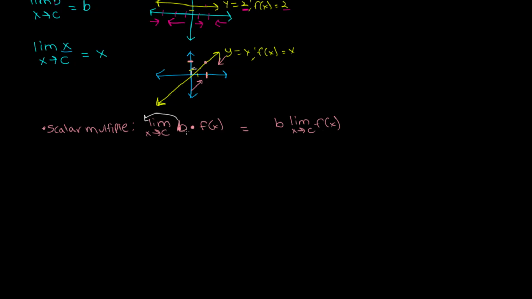So we're basically just taking the constant that we're multiplying the function by and taking it out all the way in front of the limit.